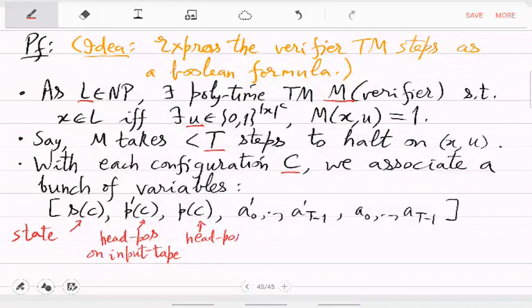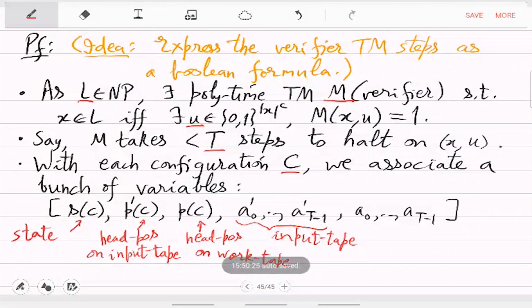Head position on the work tape, that's P of C. This is the input tape string. Remember, this input tape is infinite, but it has only finitely many filled cells, right? The others are blank.